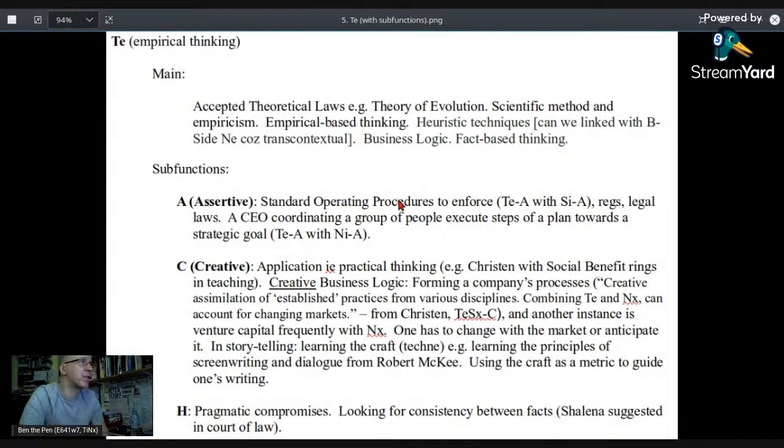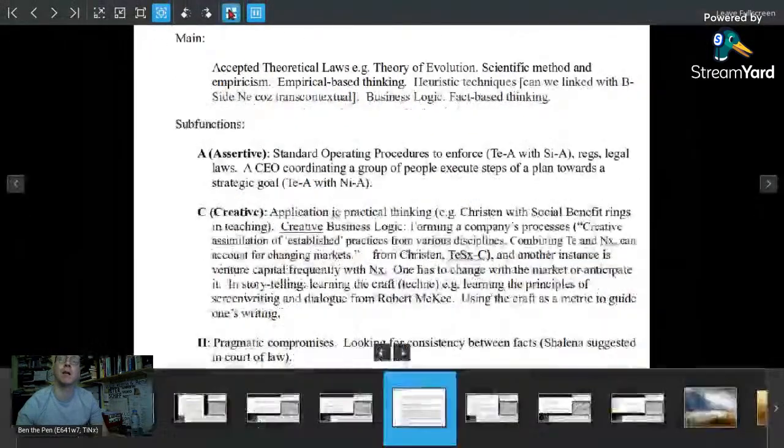Less likely to use assertive. Some practical thinking, sort of overlapping with the artisan temperament. But it's an inferior function for ISFP.